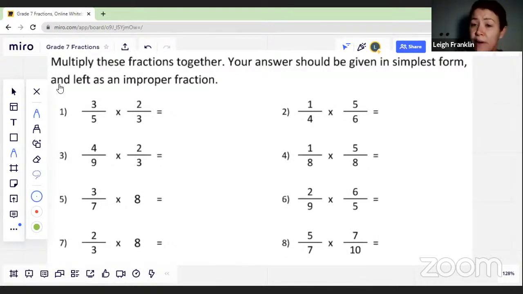When we multiply fractions, we've got to multiply numerator with numerator and denominator with denominator. So at the top here, we've got 3. At the top here, we've got 2. So 3 times 2 leaves us with?